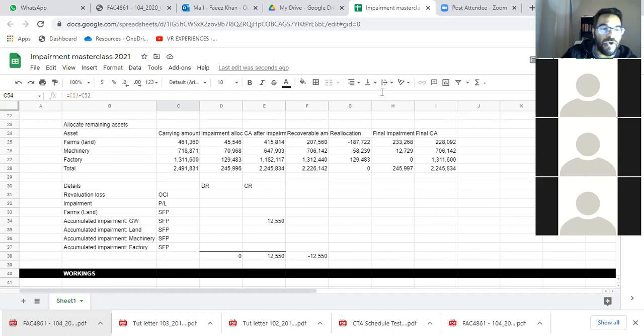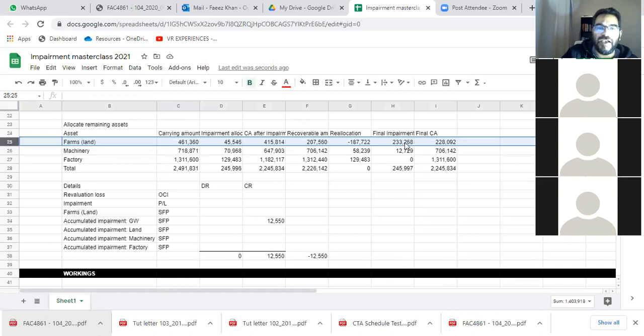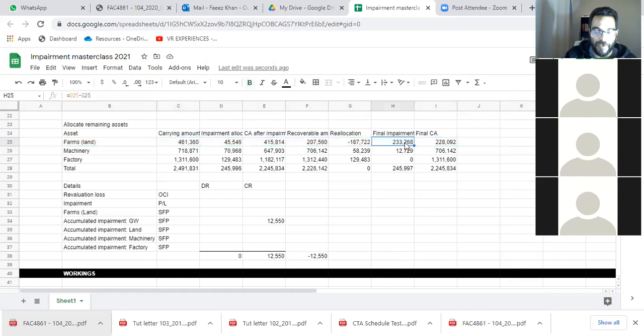So we go to land. The final impairment of land is 233. Therefore, we can write off first against revaluation, and then anything remaining will be written off against P&L.